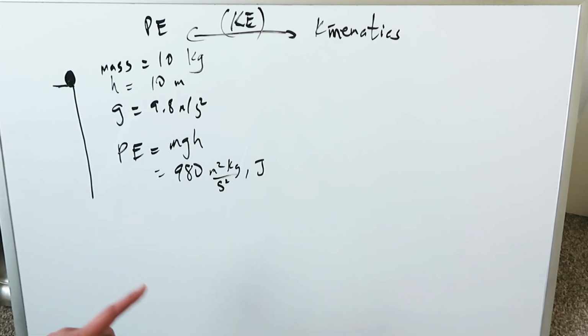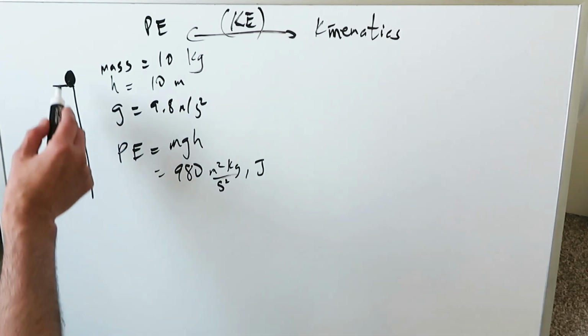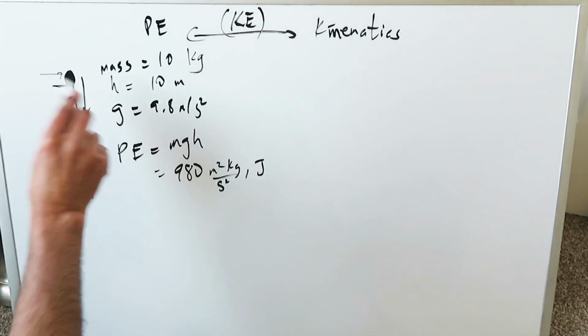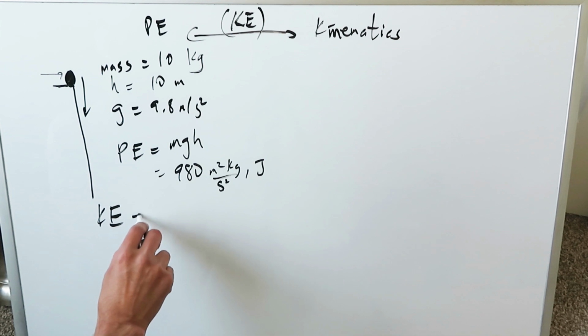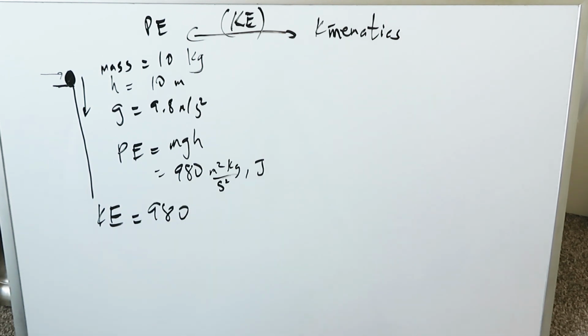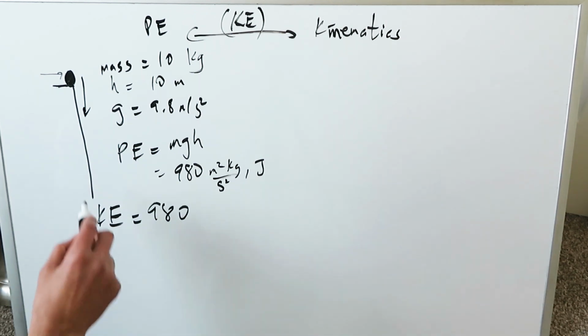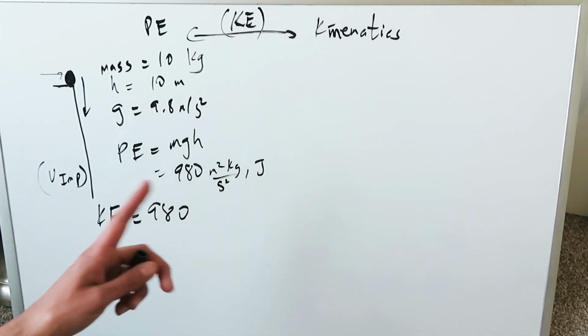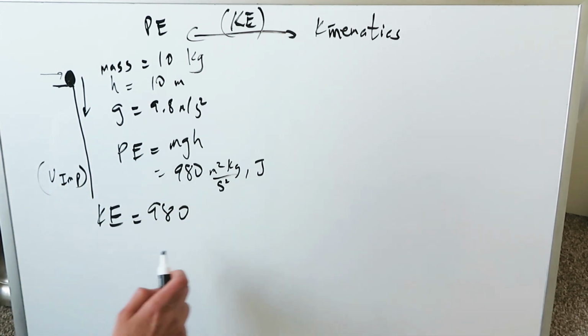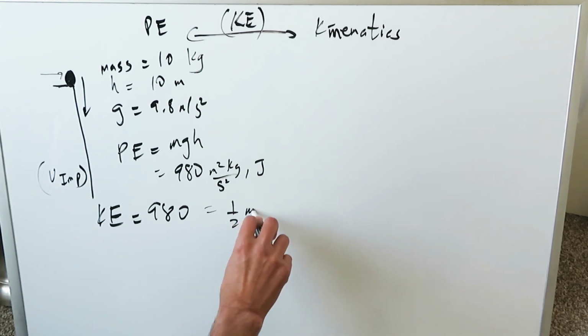It can transform into kinetic energy if someone were to tip this ball off and make it fall. In that case, the kinetic energy would be exactly equal to the potential energy, 980. If I told you to find me the velocity of impact, you don't have to even think about kinematics, think about kinetic energy, which is equal to half mv squared.